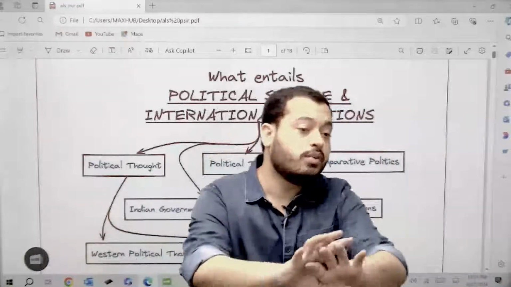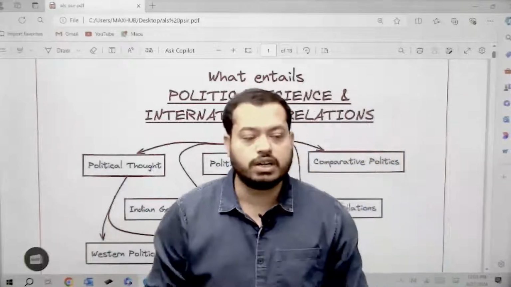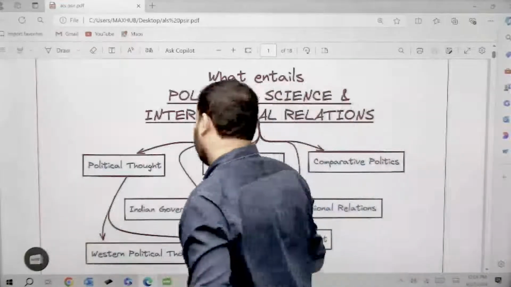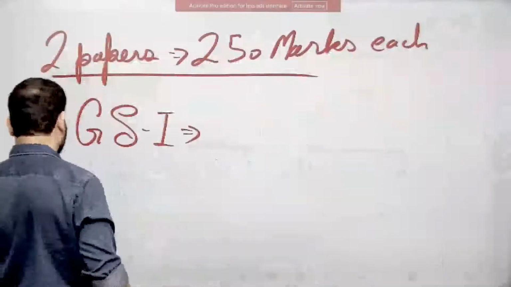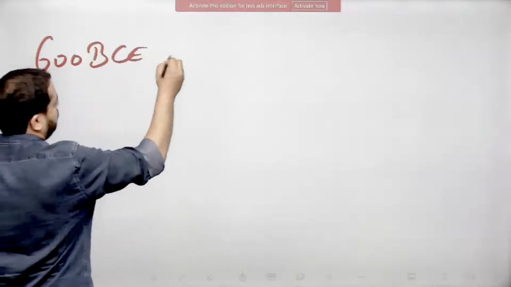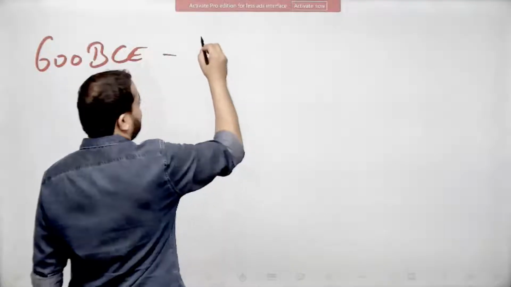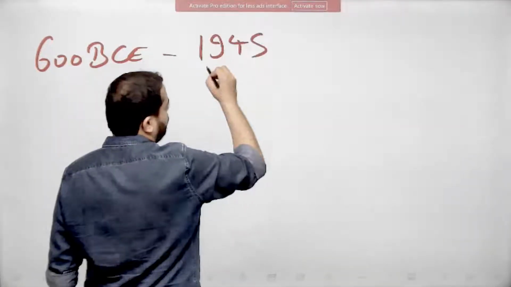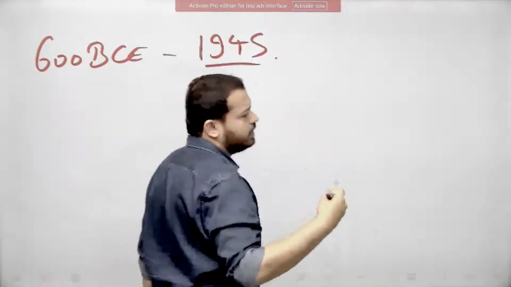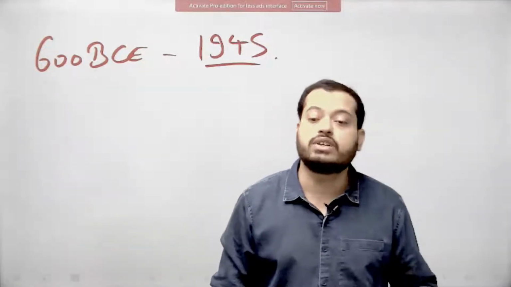Once you are aware of these concepts, these concepts are called, in combined totality, everything which happened between 600 BCE and up till, you can say, even now, up till 1945, the Second World War, or even after that, in the 1960s, 70s, 80s, all these concepts do come from the Western world.